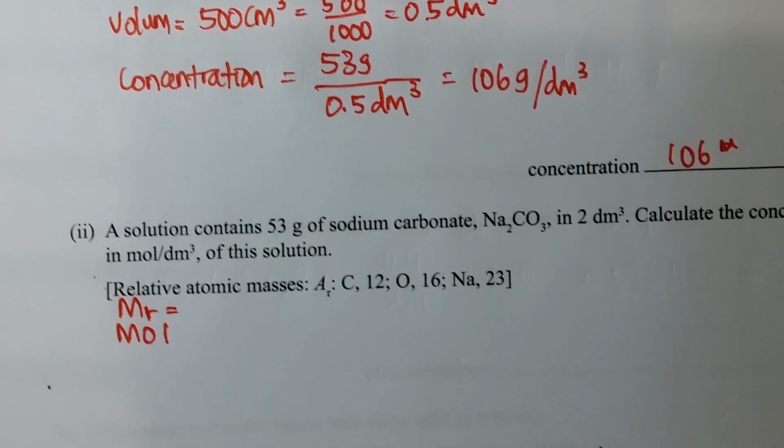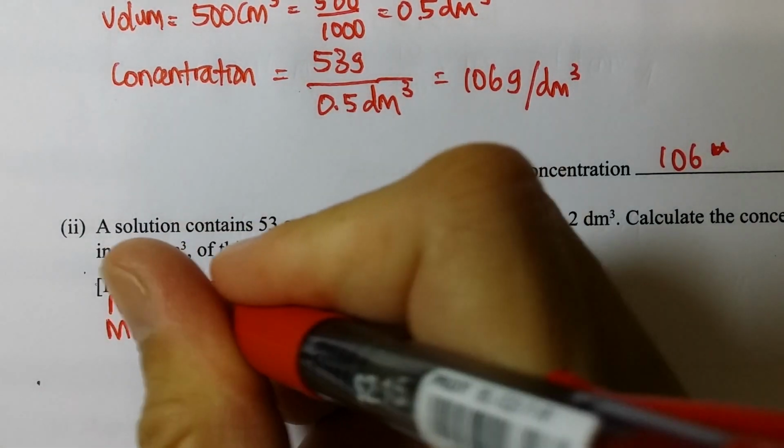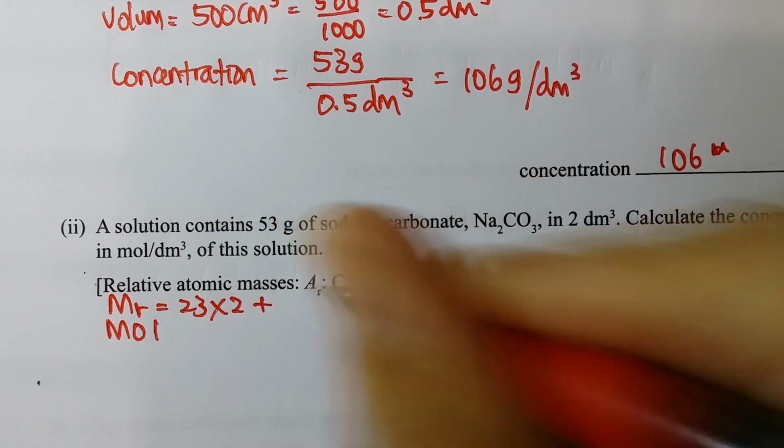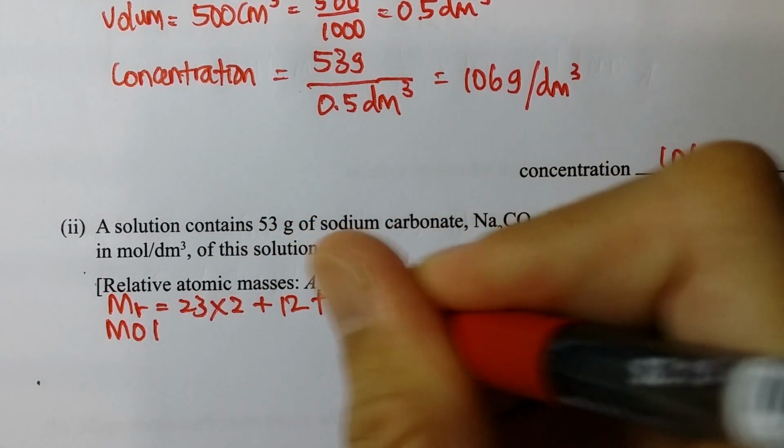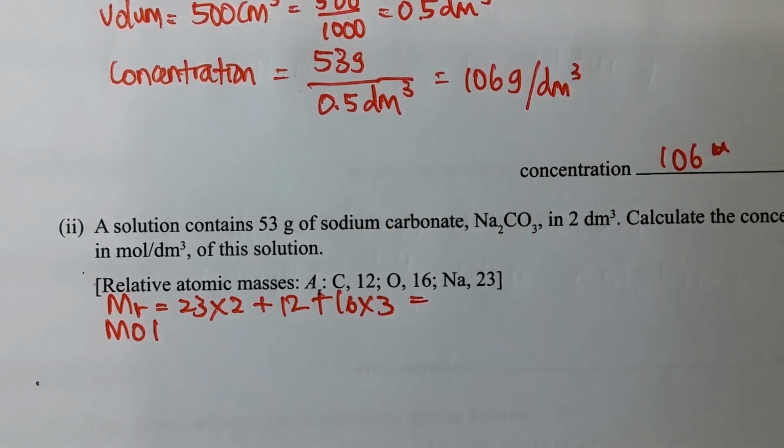What is the Mr for Na2CO3? There will be 23 times 2 plus carbon is 12, oxygen is 16 times 3. So the Mr is how much? 23 times 2 plus 12 plus 48, 106.